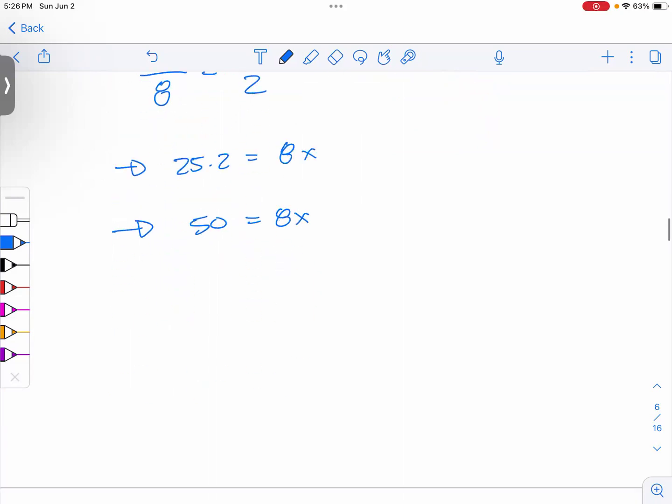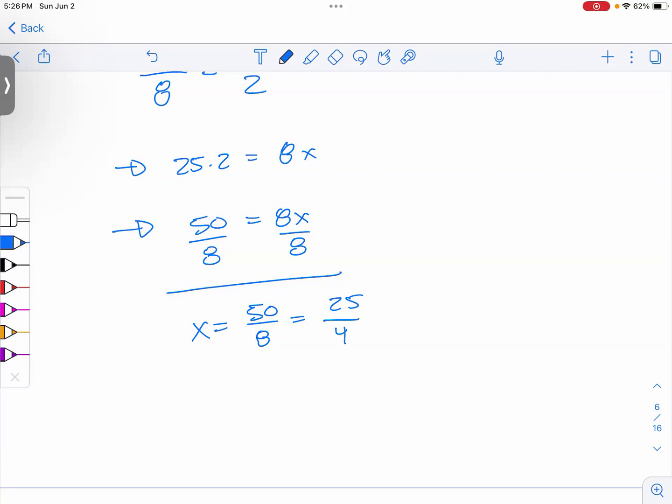That gives me 50 equals 8x. And then I have a one-step algebra problem to solve. X equals 50/8, which then simplifies to 25/4, and that's as far as I can go.